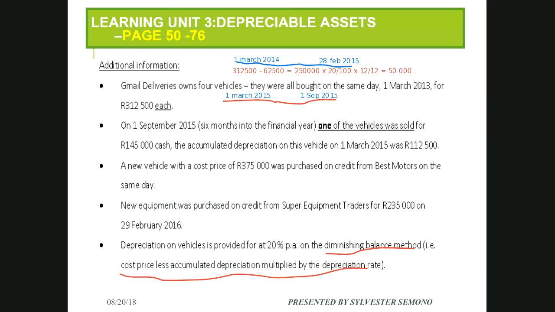Are we okay? You said that you multiply how many percent? 20%. But how many months? Please count. 7. Don't count September because it's the first. 6 over 12. Yes. How much you get?